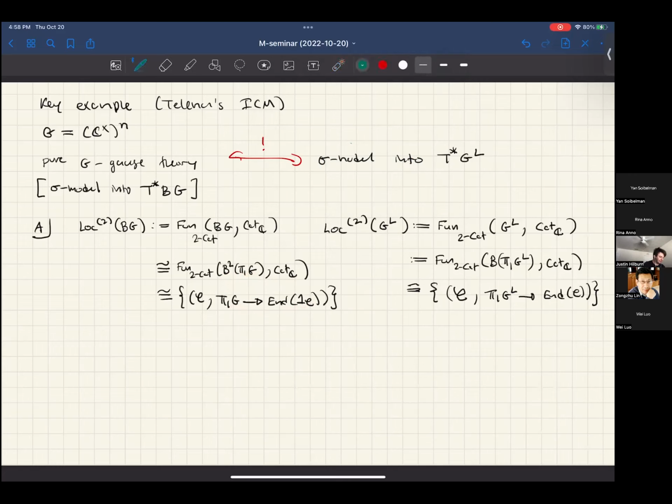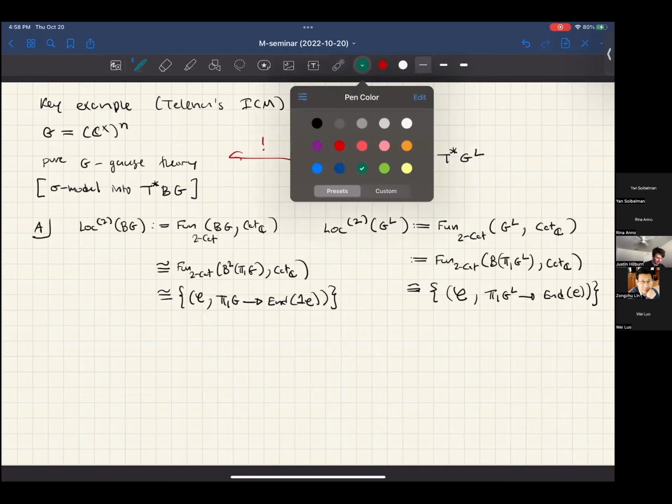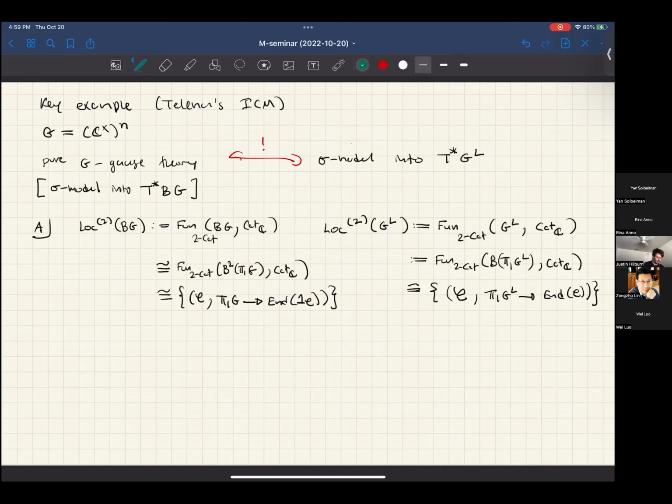And then the second thing to notice about this that makes it actually quite complicated is that this is actually an E2 algebra. There are two compositions on the endomorphisms of the identity in a category: a vertical composition and a horizontal composition. And this is also an E2 algebra, because if you have loops in a group, there's both the concatenation product and the group product.